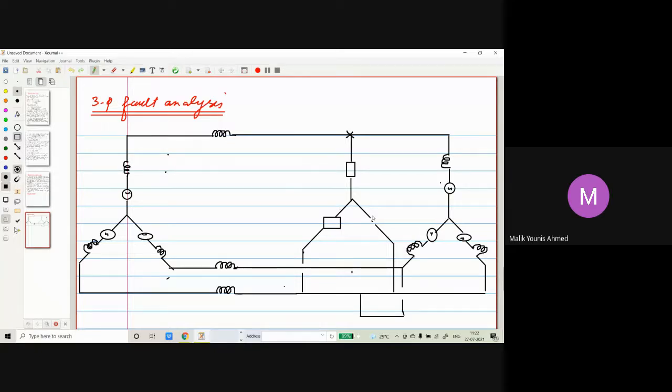We consider this like this. This is reactance.